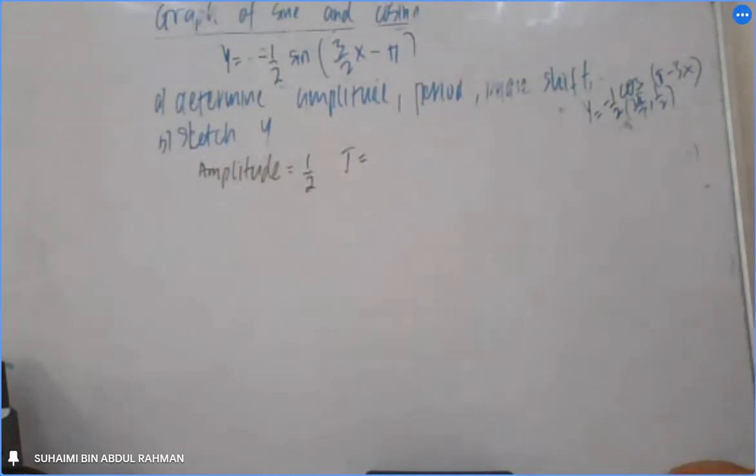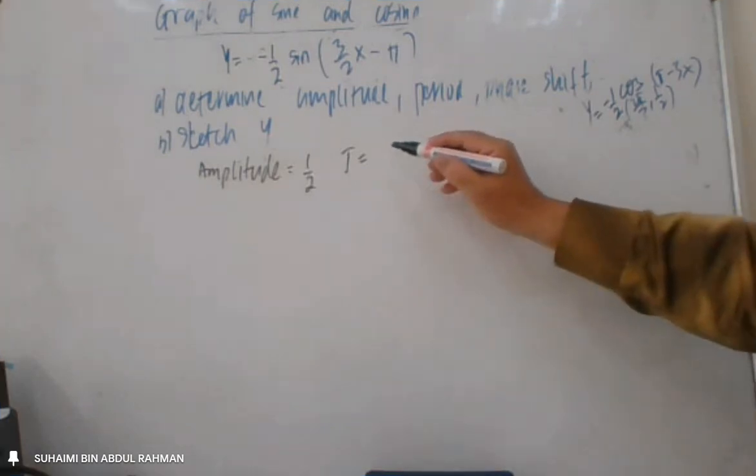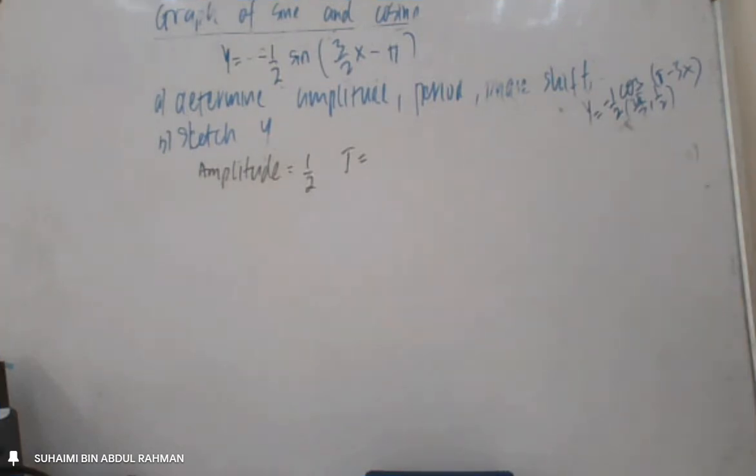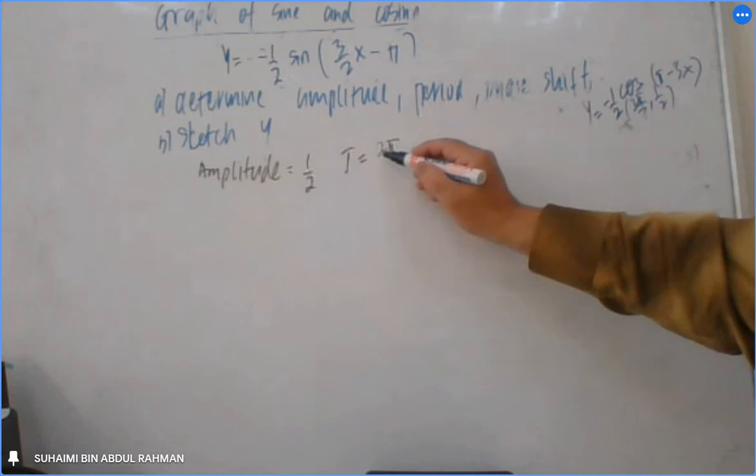Period. What is the period? Pi over 3? No, 3 pi, because you know that the formula is 2 pi over b.